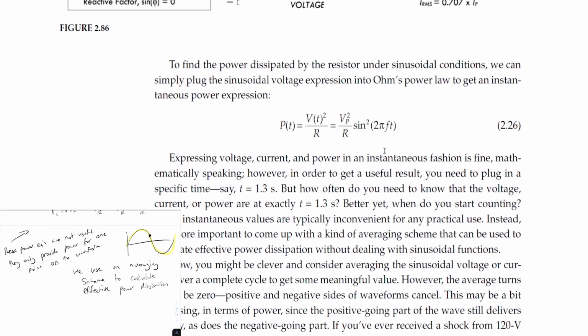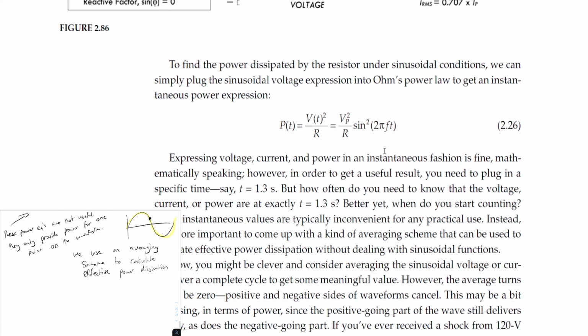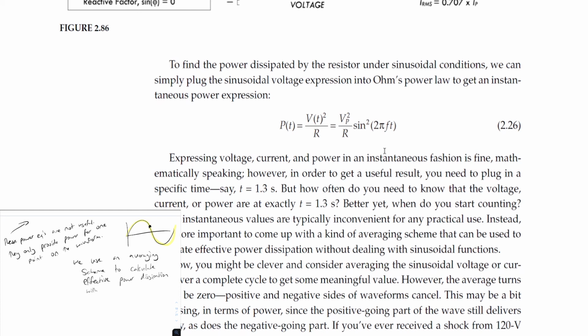I really need to learn about power. That's one thing that I definitely need to learn. So we use an averaging scheme to calculate effective power dissipation without dealing with what? Without dealing with the sine function. Okay.